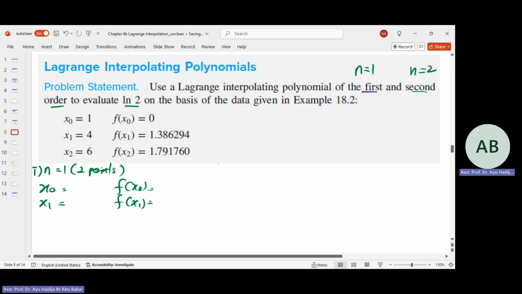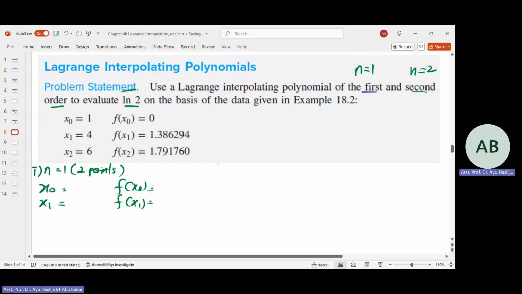Okay, which one you want to use? Which one is your data point? What is your x0 and x1? 1, 4. Can I use 1, 6? Why cannot? Can also, 2 points. So I can choose 1, 4 or 1, 6. 4, 6 cannot, because for ln 2 your x is 2.